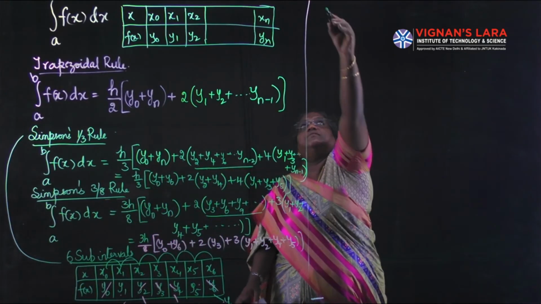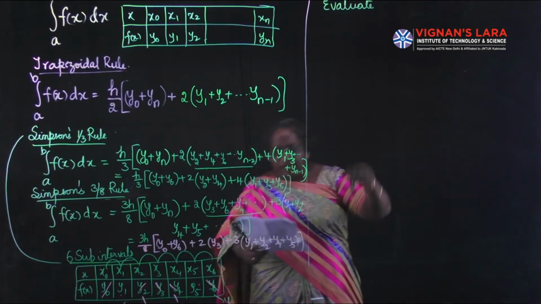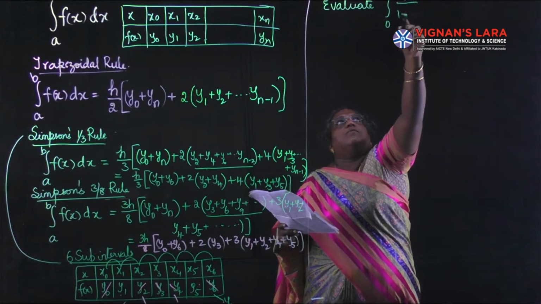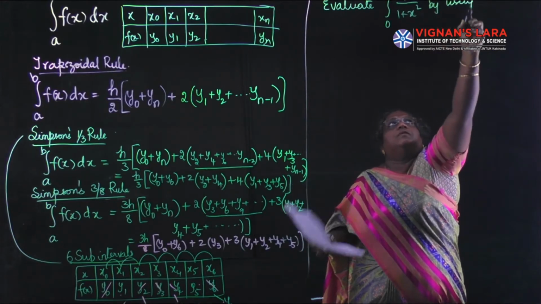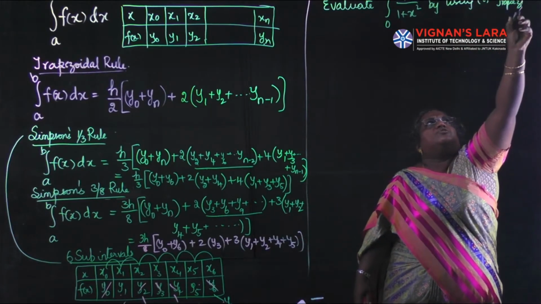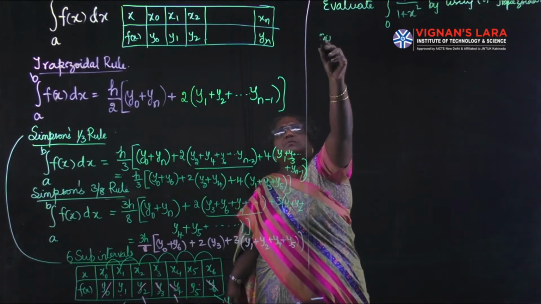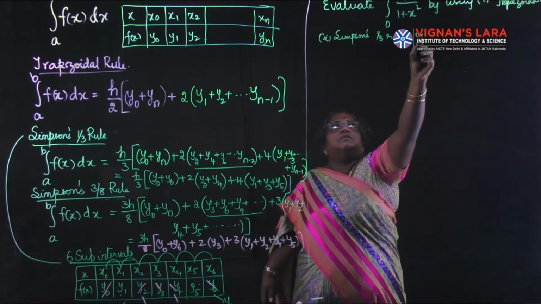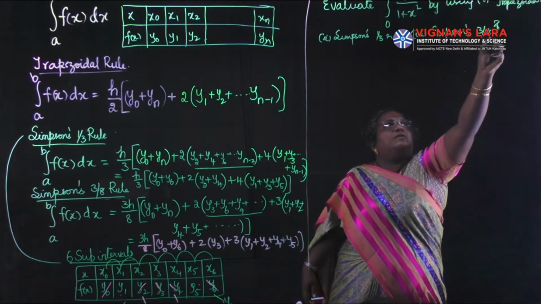So evaluate integral 0 to 6 dx by 1 plus x square by using trapezoidal rule, Simpson's 1/3 rule, and third one, Simpson's 3/8 rule.